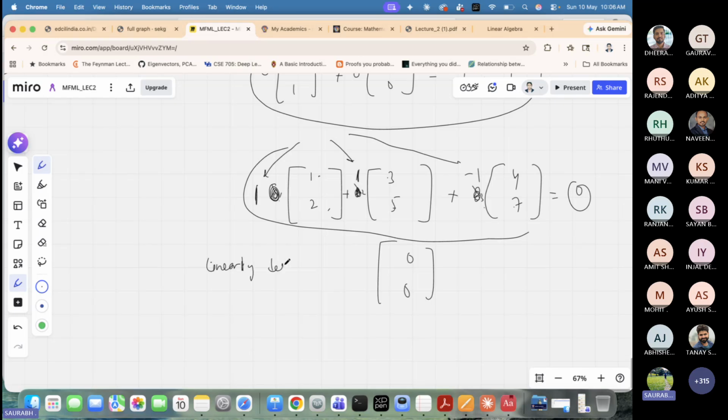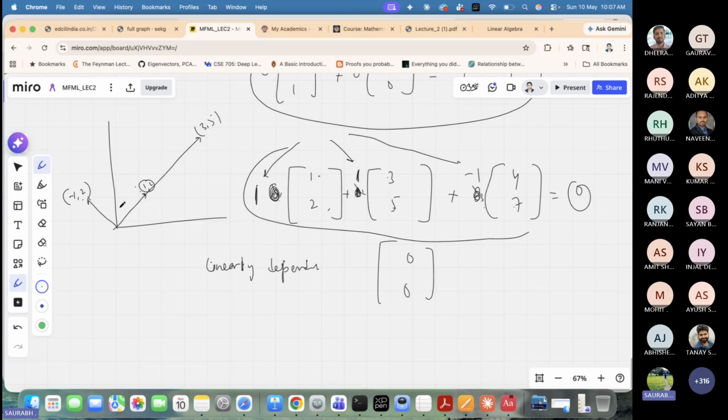The other intuition of linear dependence is if the vectors are on the same axis. Think of 1 2; you will find that 3 5 is also on the same axis. If the vectors are on the same axis, they are linearly dependent. This is the scaled version. But the other way of seeing linear dependence is, let's say the first vector is 1 2 and another vector is minus 1 2.